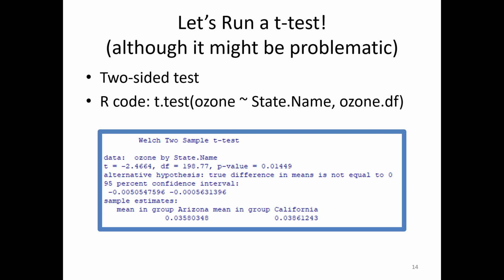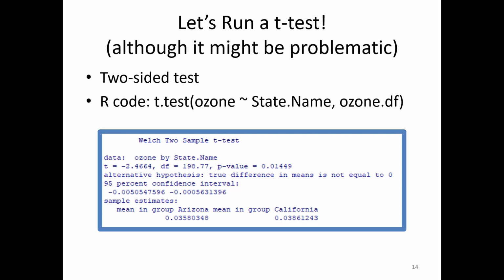The alternative hypothesis is the true difference in means is not equal to 0. That's a two-sided test. Given the p-value, we reject the null, and we have evidence to suggest that there is a difference in the true difference in means, excuse me, in the populations.